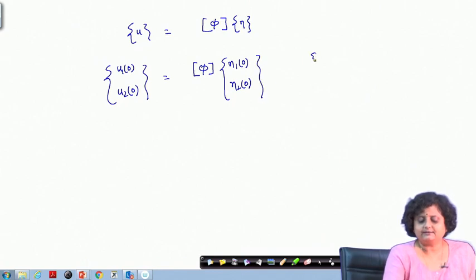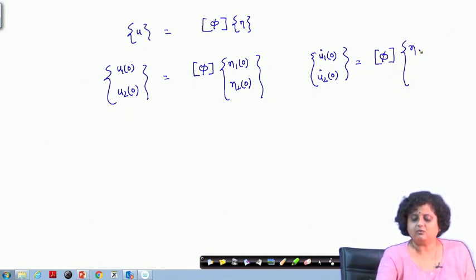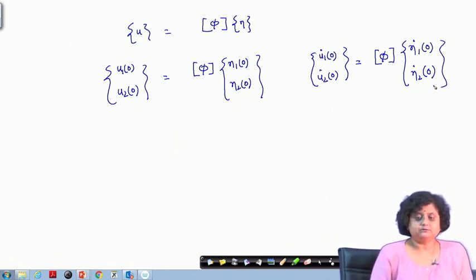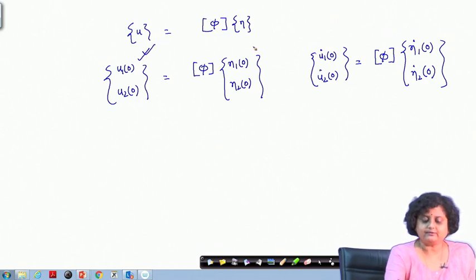Similarly, I can say u1 dot (0), u2 dot (0) is phi into eta1 dot (0), eta2 dot (0). Okay. Now, this I know, this I need to find.